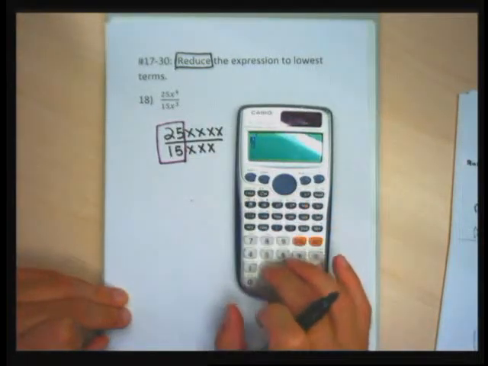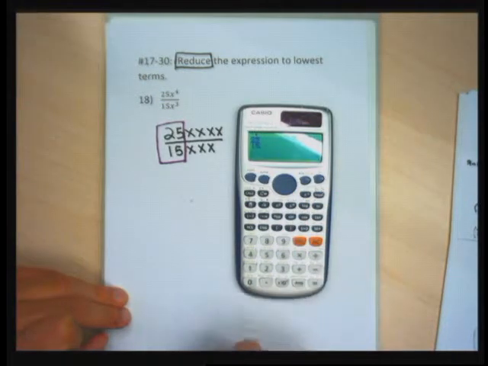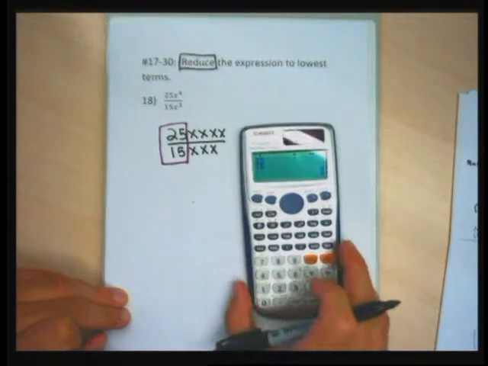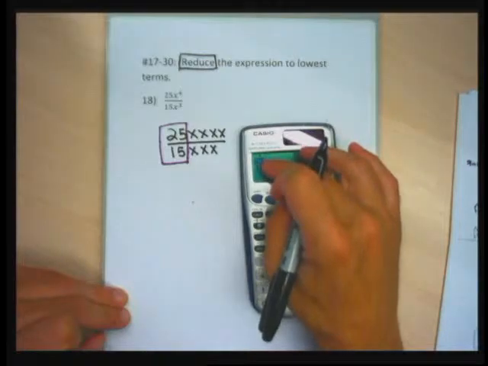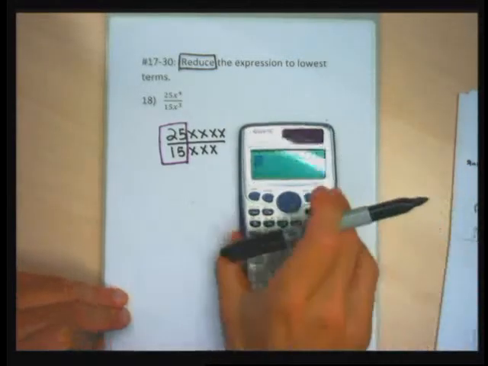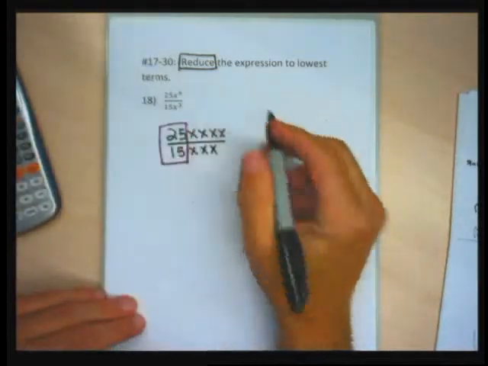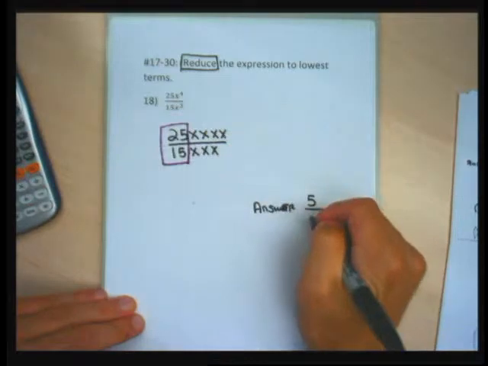If you just enter the fraction 25 over 15 and hit enter, it tells me that the fraction reduces to 5/3. So if you're slow at reducing fractions, if you just enter the fraction on this calculator, it will reduce it for you. It knows how to reduce. So 25 divided by 5 is 5. 15 divided by 5 is 3.